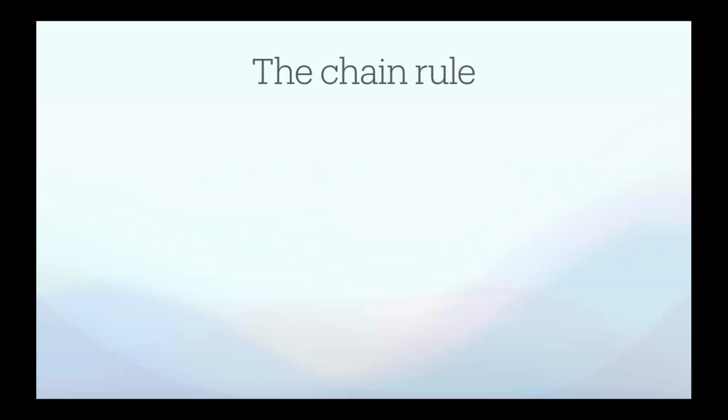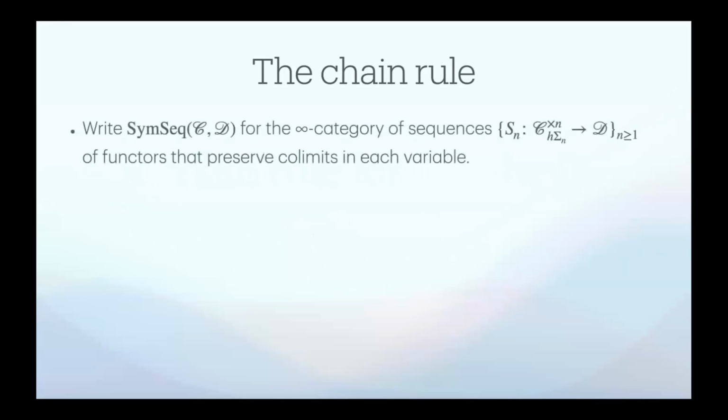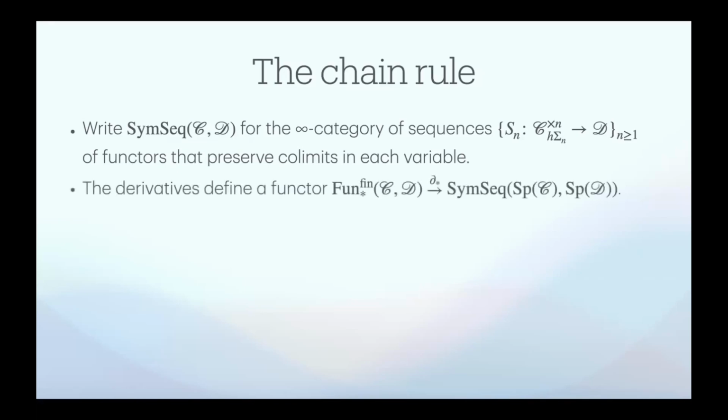So let's start by packaging all the derivatives into one mathematical object, because the nth derivative of the composite in this Faà di Bruno formula also depends on the lower derivatives. So we should view them as one object. I will call functor symmetric sequence from C to D a category of such sequences where the nth term is a functor of n variables from C to D that is symmetric in the variables.